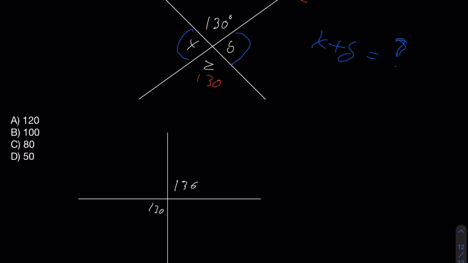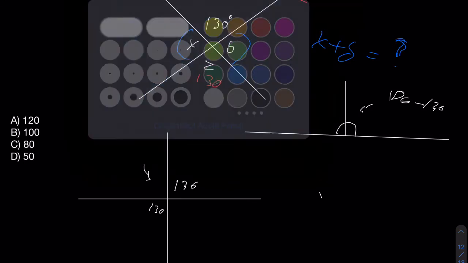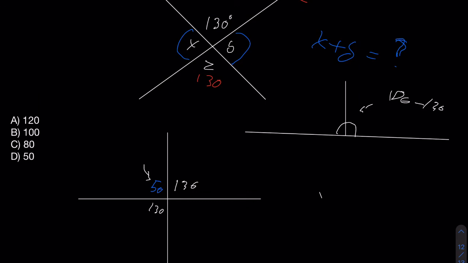If you have an angle like that, this angle is just going to be 180, because it's a flat line. So you take 180 minus 130, and this right here is going to be 50.